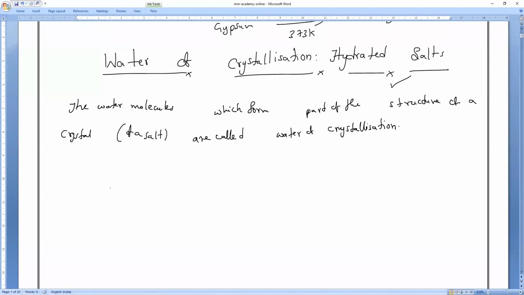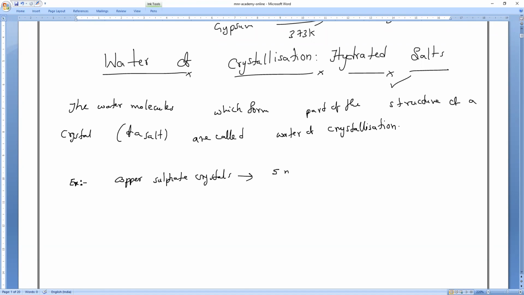Now, let me take the first example, a well-known salt for us, copper sulfate. If you take copper sulfate crystals and observe very carefully, they contain 5 molecules of water of crystallization.